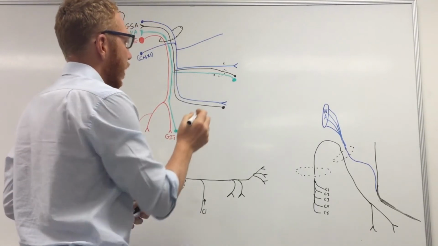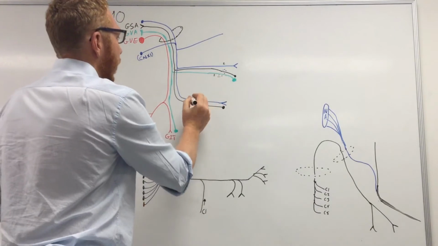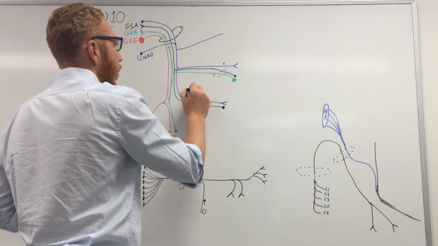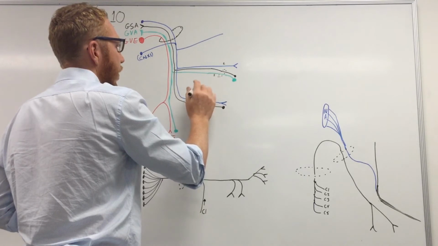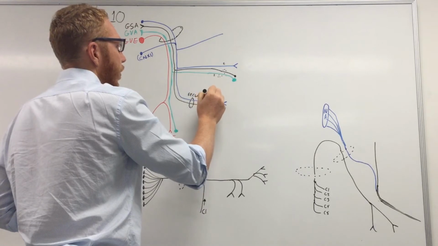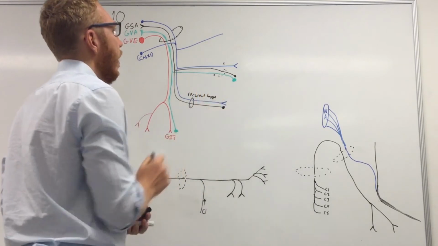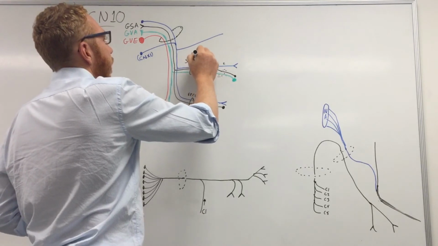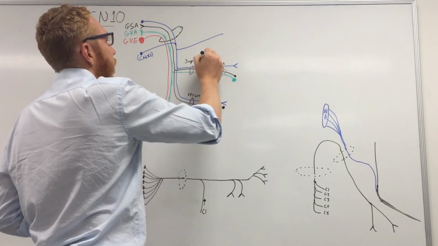Whilst we're here, I'm going to call this nerve here, so this nerve collectively, the recurrent laryngeal nerve, okay, and this one here collectively is called the superior laryngeal nerve.